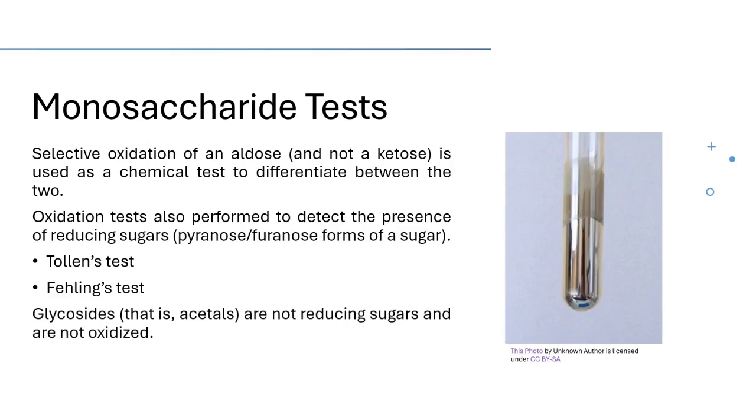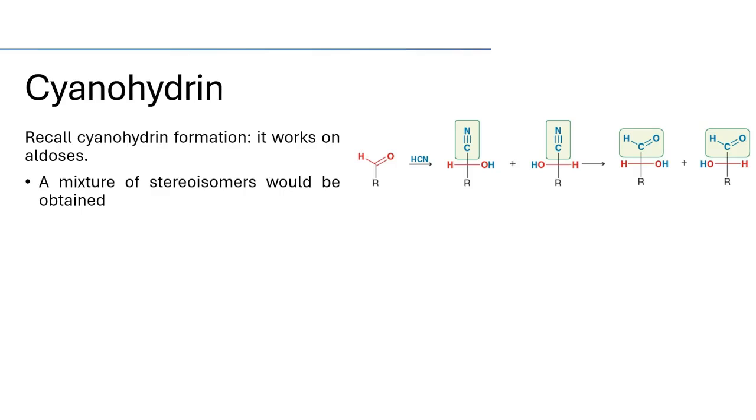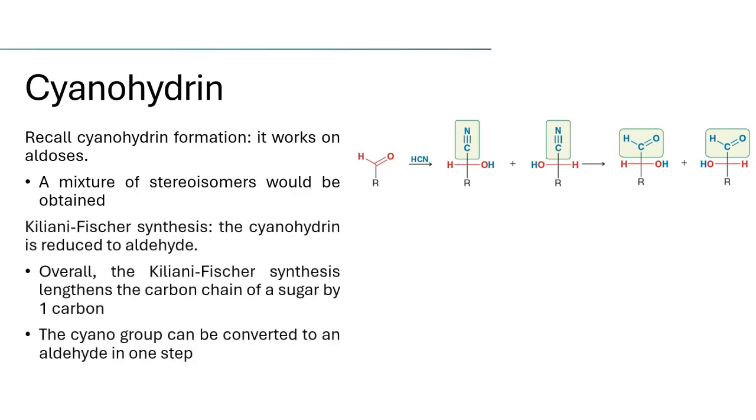Cyanohydrin. Recall cyanohydrin formation. It works on aldoses. A mixture of stereoisomers would be obtained. Kiliani-Fischer synthesis. The cyanohydrin is reduced to an aldehyde. Overall, the synthesis lengthens the carbon chain of the sugar by 1 carbon.